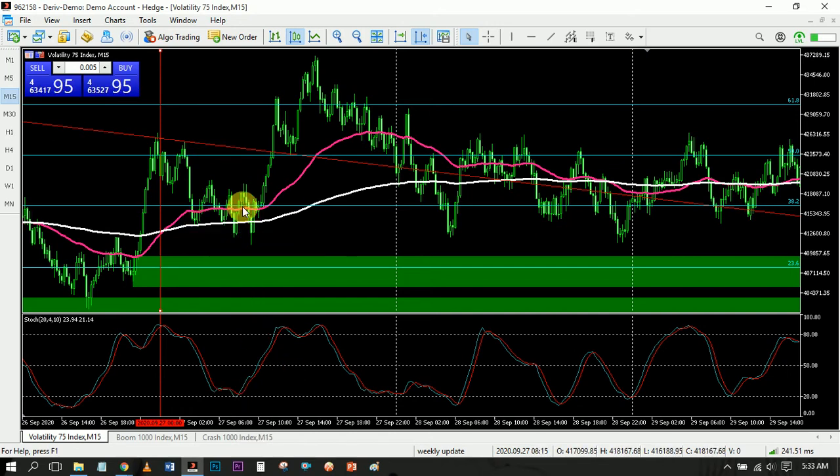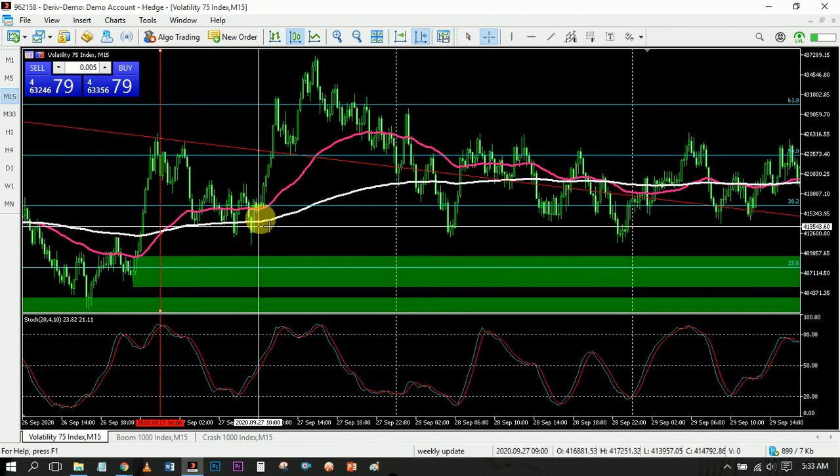So here was our entry, because it intersected with this consolidation, which gave us more confidence that it's going to push more to the upside since it's in the uptrend already. So with this oversold level, we entered right here and we made this profit.